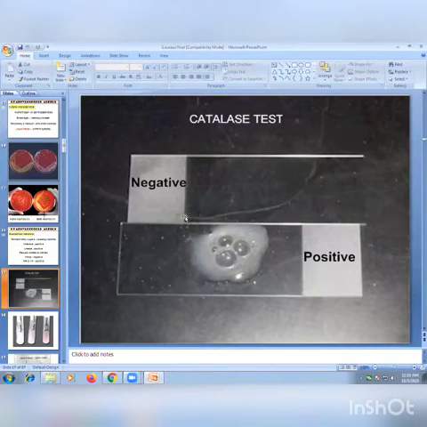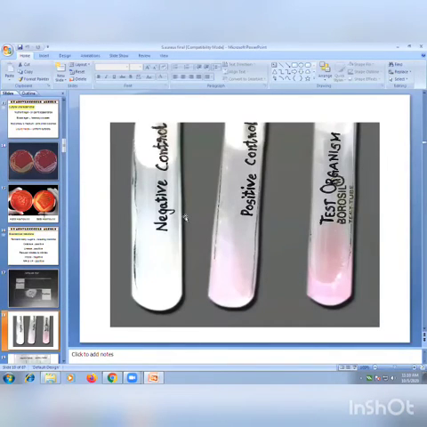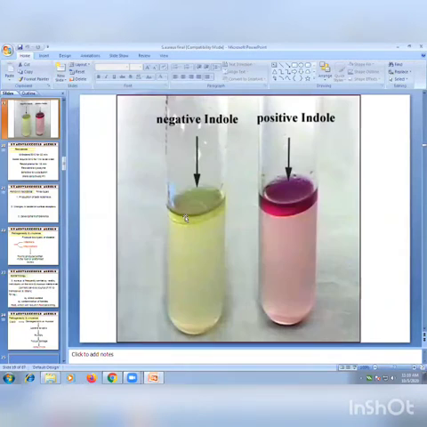What happens? An enzyme catalase is produced by this organism. It splits H2O2 into H2O and inert oxygen, and that's why air bubbles are produced. So these are positive and negative controls. Indole test is negative.